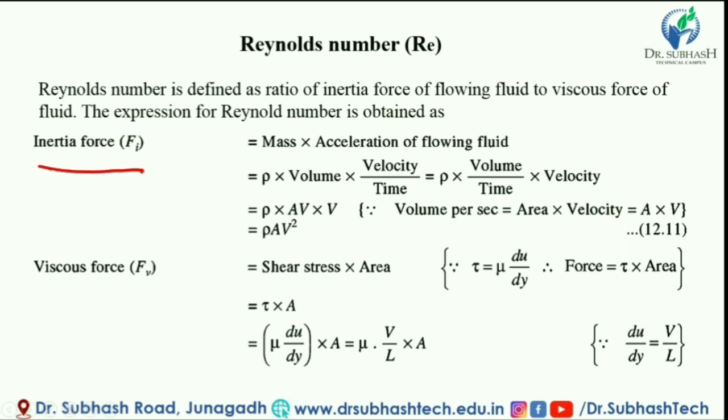We know how to get the inertia force: mass into acceleration of the flowing fluid. We get the value of mass from the equation of density, so mass is density into volume.